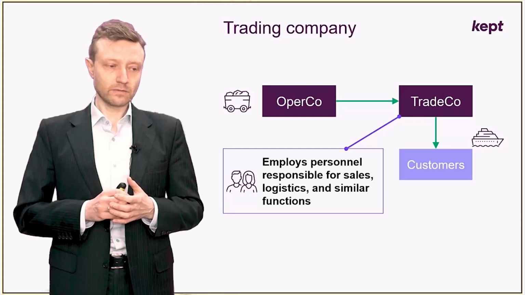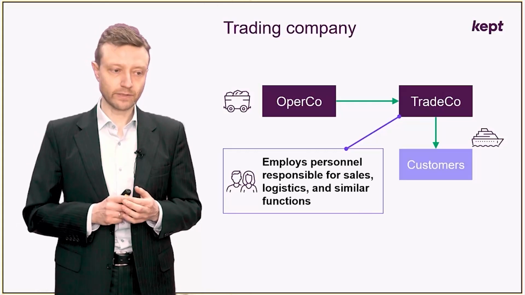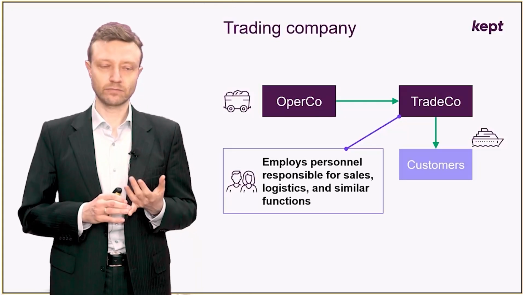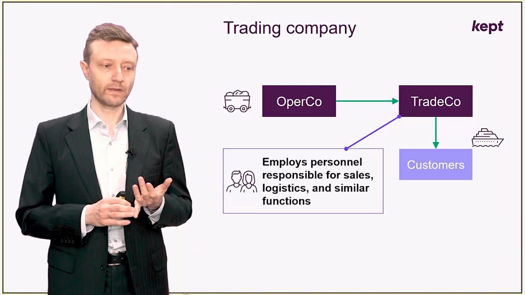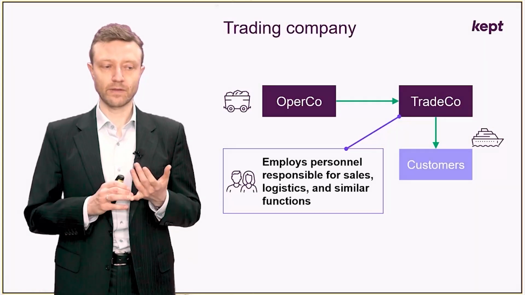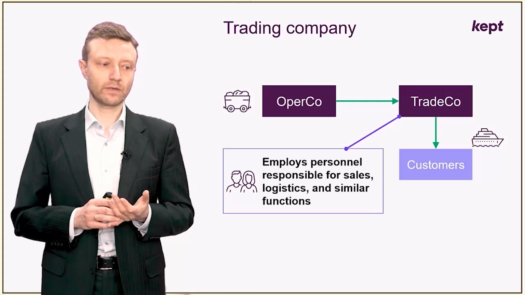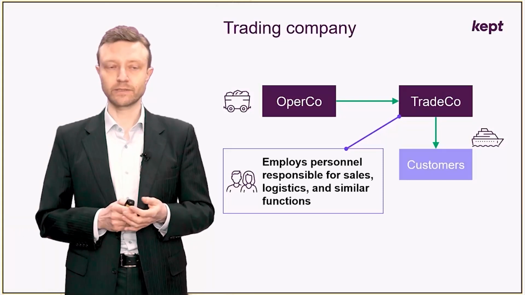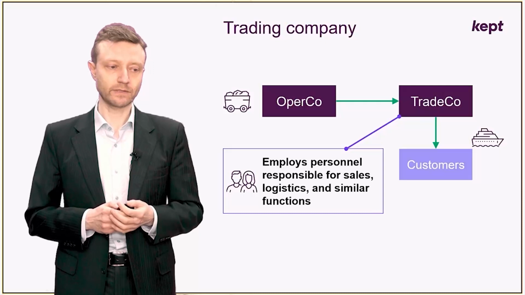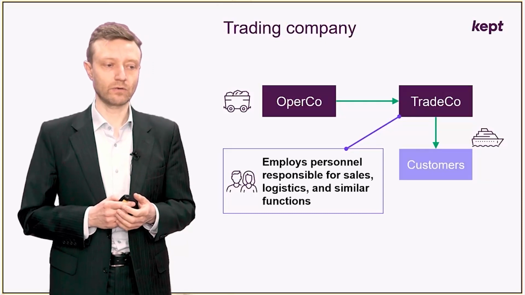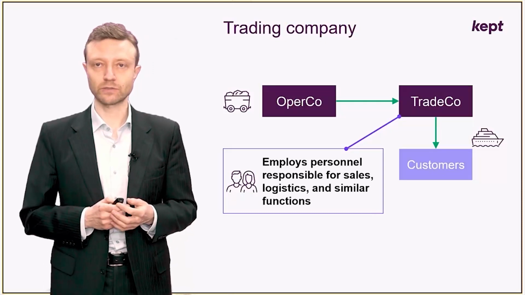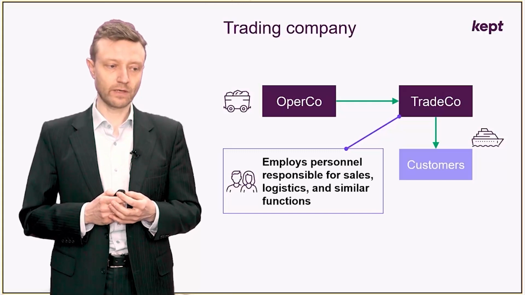It is not uncommon to see trading companies in business structures, and these trading companies employ personnel. They are responsible for sales, logistics, and can perform similar functions like marketing. These are usual functions of a trading company.